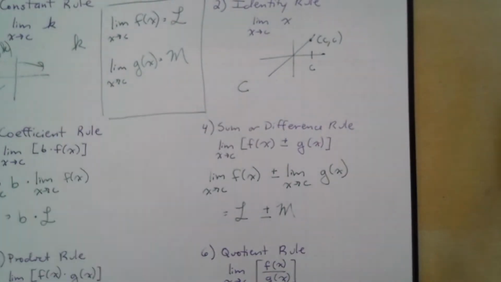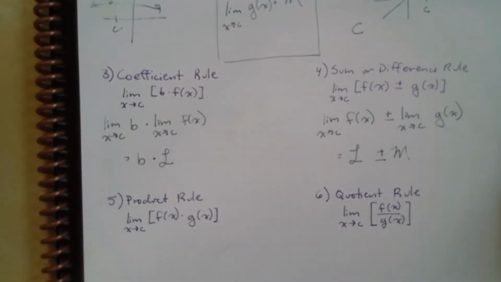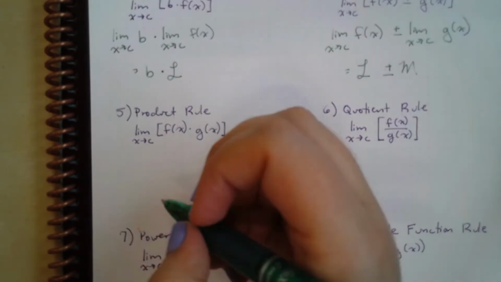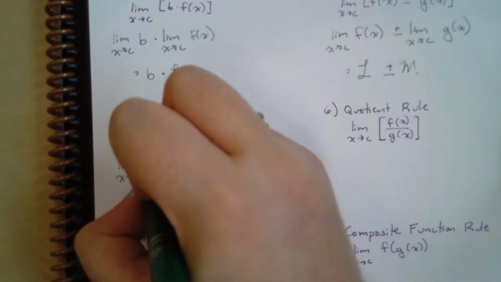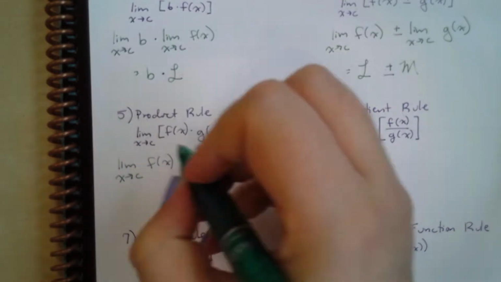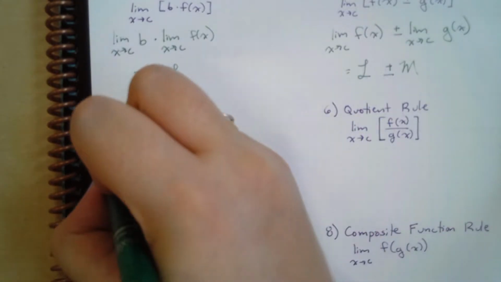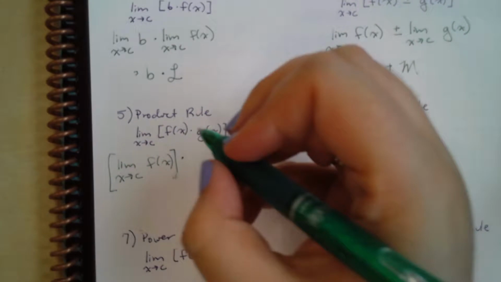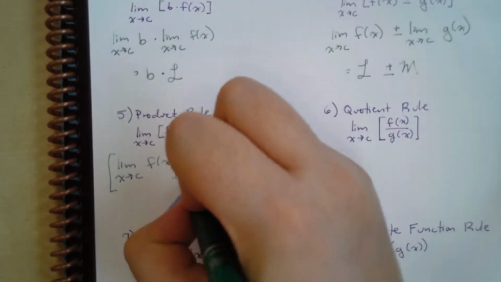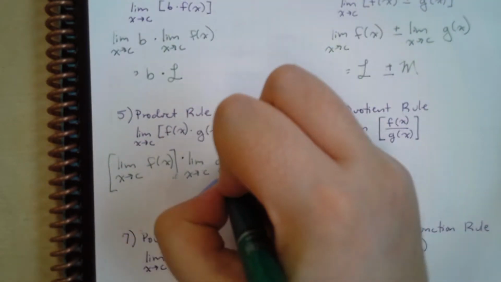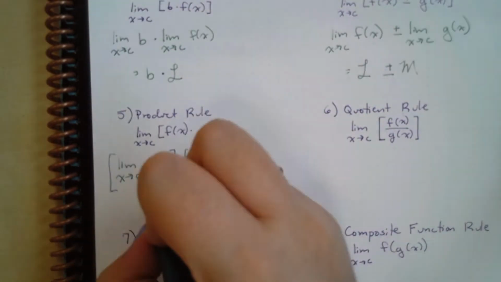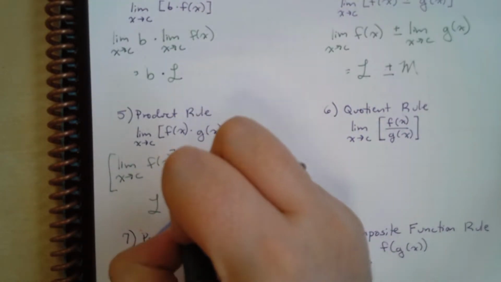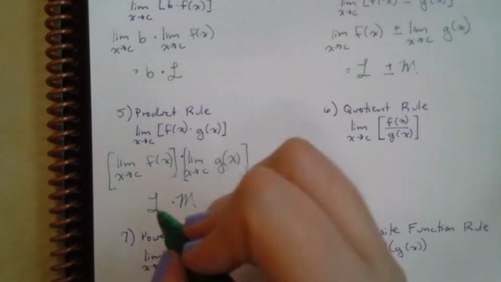It goes pretty easily. The product rule, we can rewrite as the limit as x approaches c of f of x times, and maybe I'll put this in brackets just to make sure it's clear, the limit as x approaches c of g of x, which is just going to become L times M. Pretty simple.